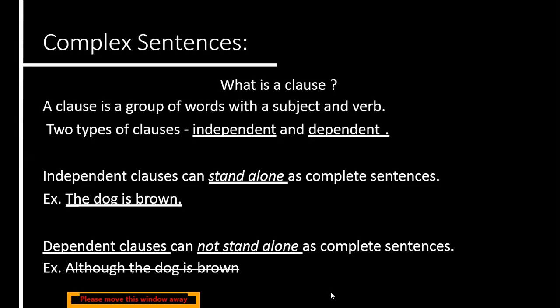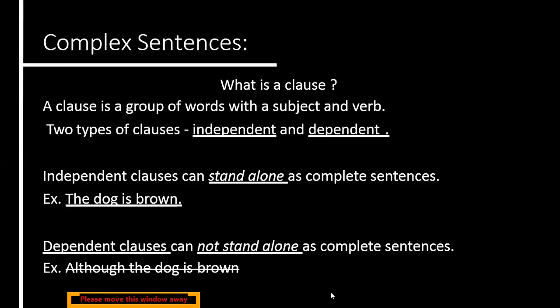Okay, let me repeat again. A clause is a sentence. But usually clauses in English are divided into two parts, dependent and independent. The independent clause is when you make a sentence with a subject and verb, and it's very complete and you can understand it easily. Like when I say, Malika came to school. It's a normal independent clause. Why? It has a subject, a verb, and an object, and you know what happened, right?